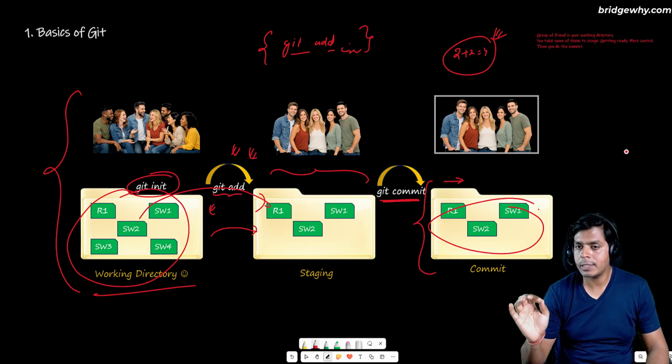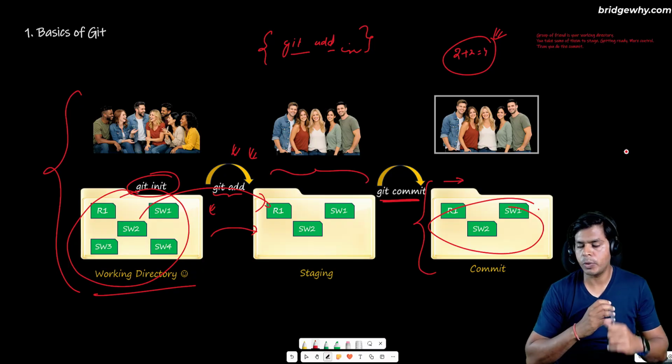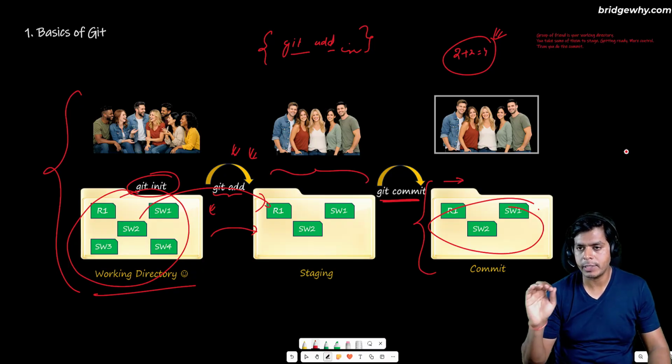Bharatji, this is just the start. I haven't touched upon branching. I haven't touched upon the Git remote repositories. For example, if you are learning networking, let's take an example. If I directly teach BGP, it is going to be difficult for you.